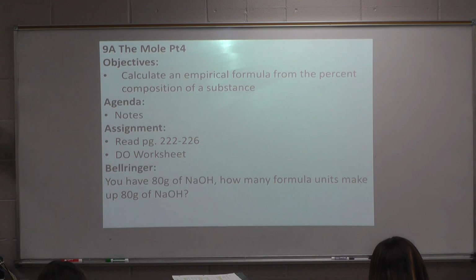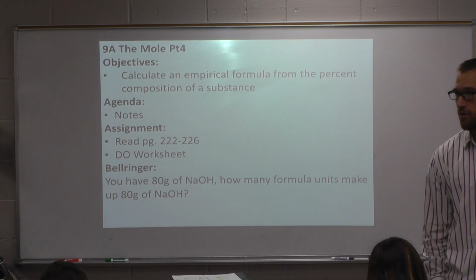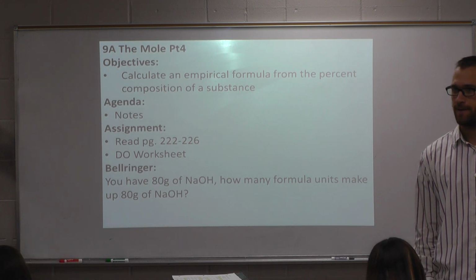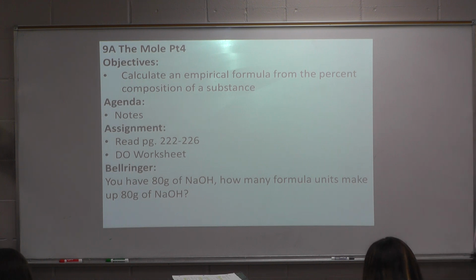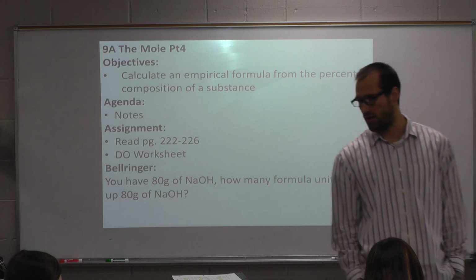Thankfully, if you know the percent mass, you can work backwards to find the empirical formula of some unknown substance. And we'll also talk about how you can determine the molecular formula after you've found the empirical formula. That's pretty awesome, to be able to figure out some unknown substances just by knowing a few math things and having some nice high-level technology.